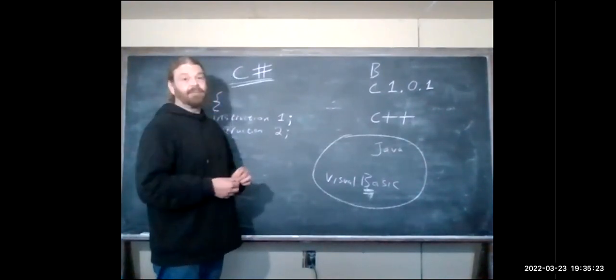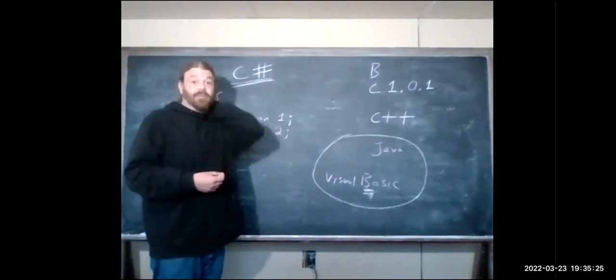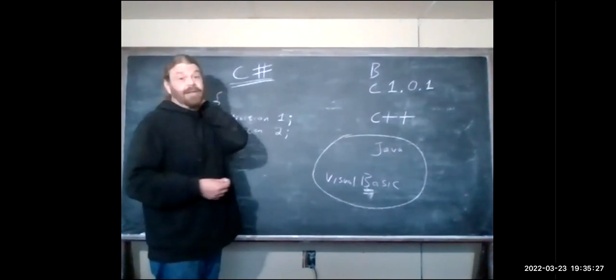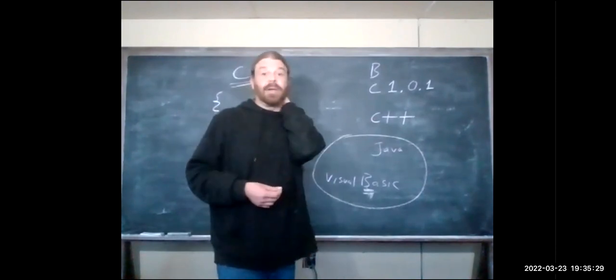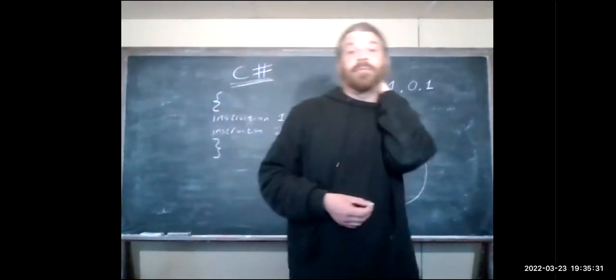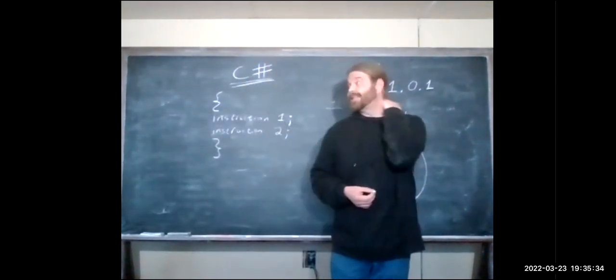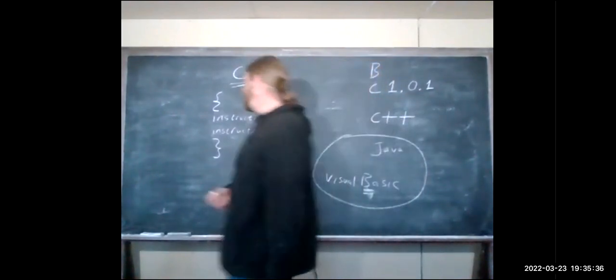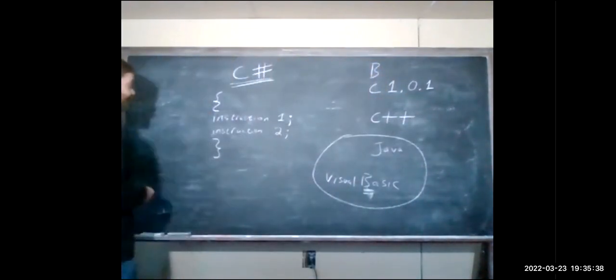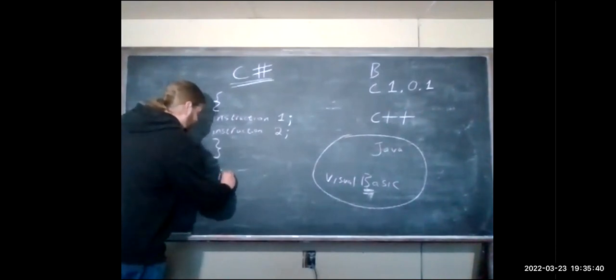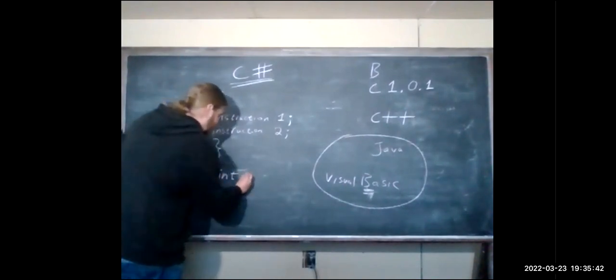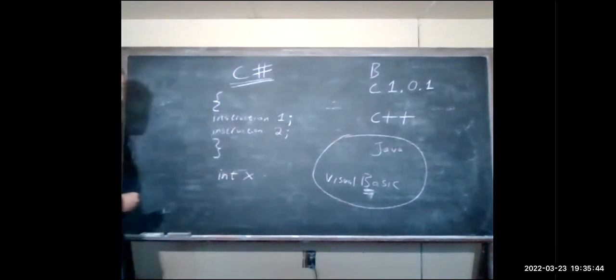The other big change from Python, for those who have seen it before: the C family of languages is strictly typed. It means we have to say what type of data we have, and we have to stick with it. So if we want to store an integer, we have to say we have an integer, call it x.